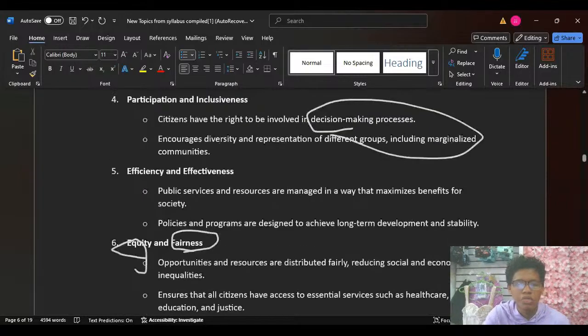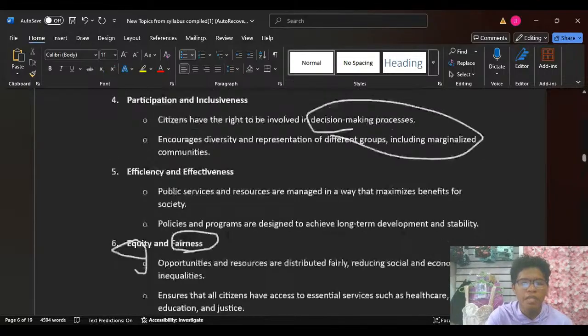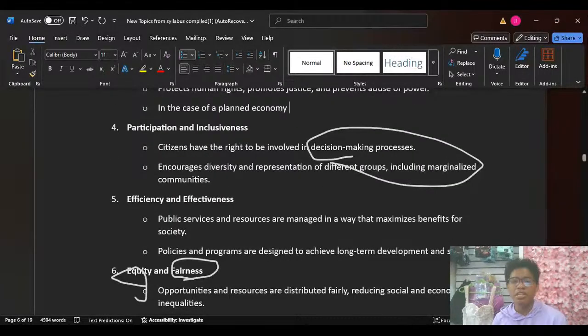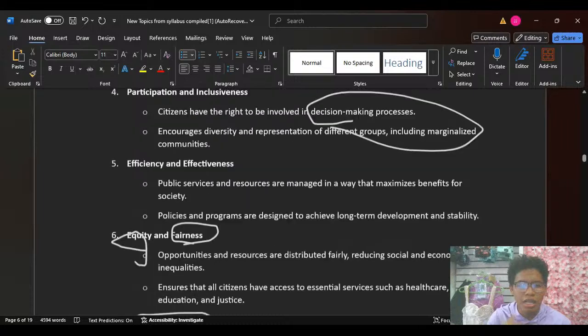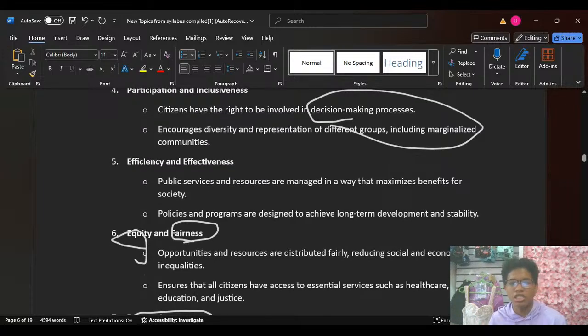Participation and inclusiveness: citizens have the right to be involved in the decision-making process. As I said before, this is only inclusive of democratic countries, right? In a planned economy, the citizens are not involved in the decision-making process. It also encourages diversity and representation of different groups, including marginalized communities.